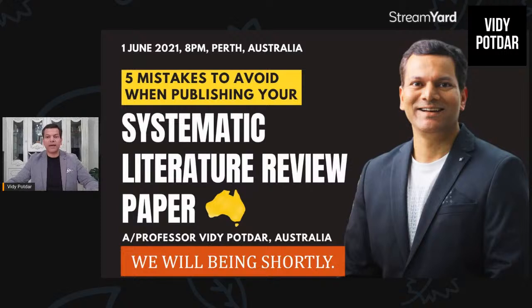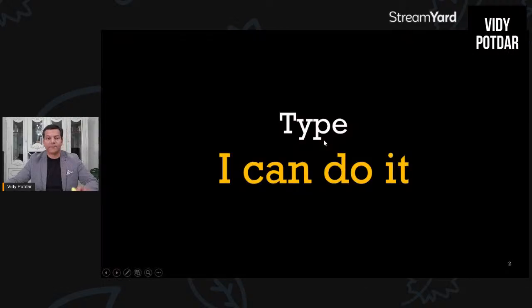Cool. All right. Like I was saying, if you are starting with writing your literature review paper, even if you have not done this kind of academic writing, it's always the first time for anyone who embarks on a journey of writing a systematic literature review. So what I want to say is that you can do it.